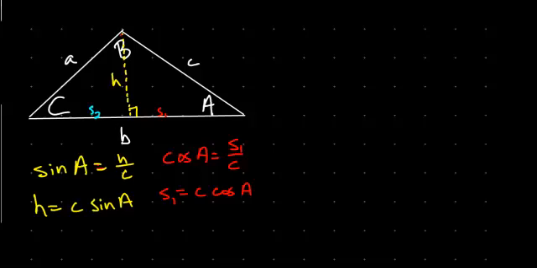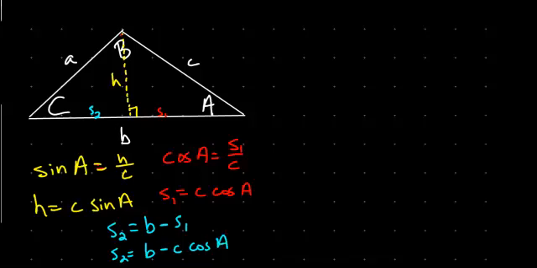And again, since that whole side is B, and this little piece of it is S1, which is C cosine A, I can get that S2 equals B minus S1, which means S2 equals B minus C times the cosine of A.